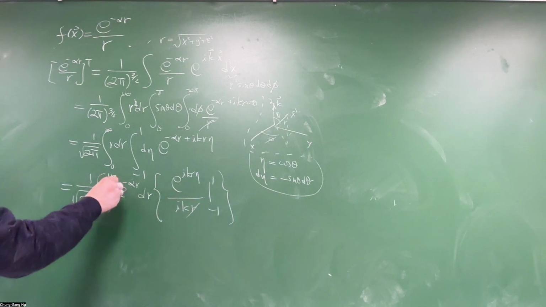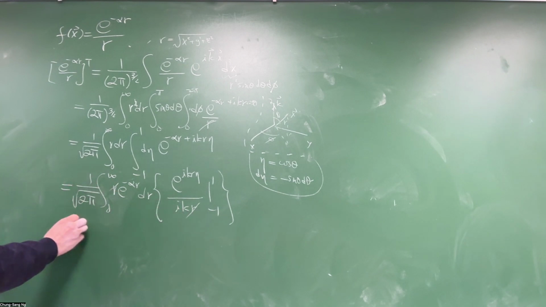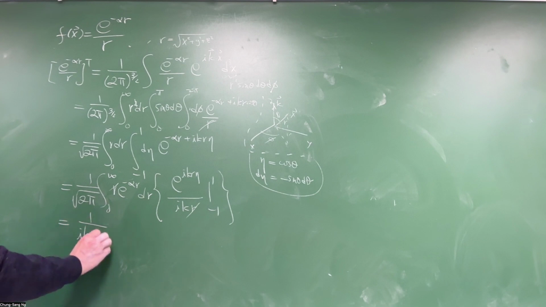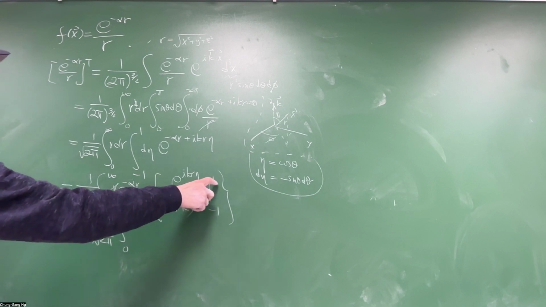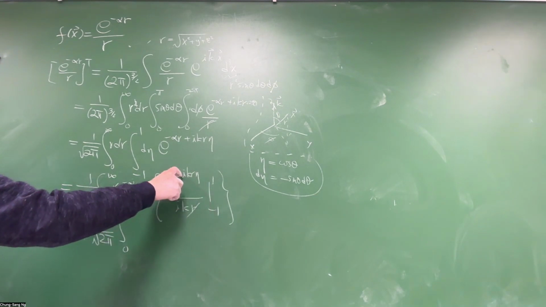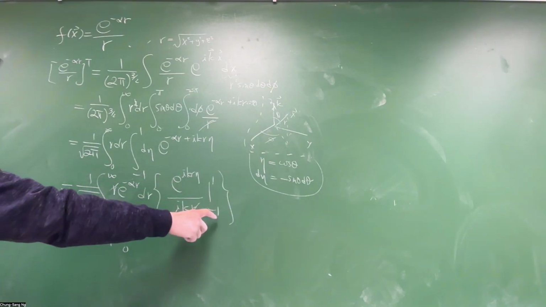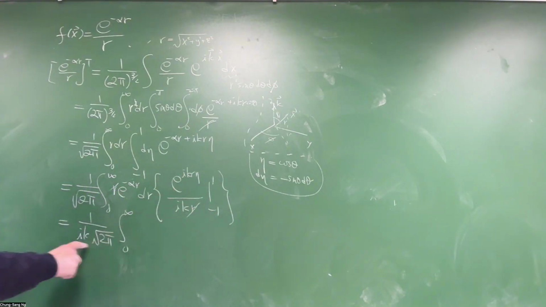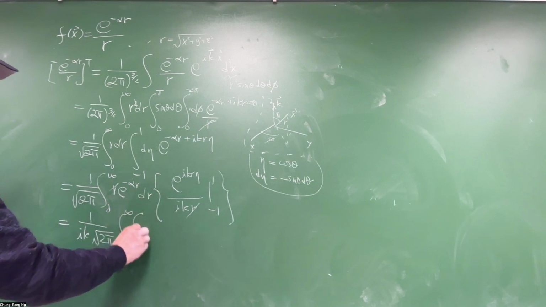And then you can cancel that out here, and ik can be taken out of the integral. So 1 over i square root of 2 pi, evaluated from minus 1 to 1. When eta is 1 it's e to the ikr, when it's minus 1 it's e to the minus ikr. This is the lower limit, so this is positive. You already pulled out the ik here, right?